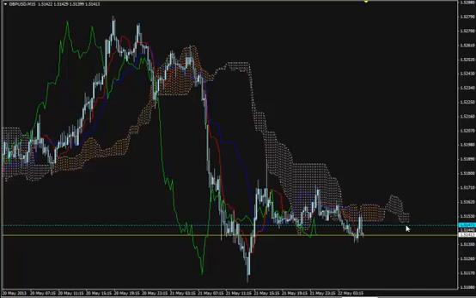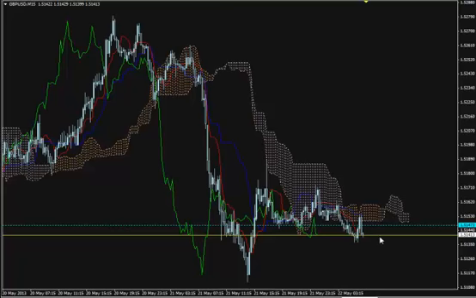M15 chart, the leading Kumo, although we had horizontal formation of the Kumo for a while, that showed indecisiveness in the market. Now we expect the price to go down because the leading Kumo gives a bit of a sharp edge here.